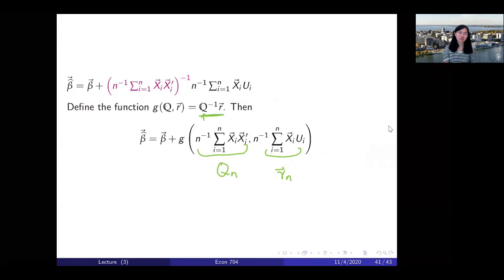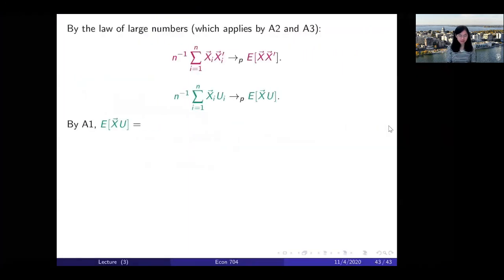In order to apply it, we want to show that this Qn converges in probability to something, this Rn converges in probability to something, and we also want to make sure that the probability limit of Qn is an invertible matrix, so that it's on the continuous part of the g function. All right, so next we will work on the Qn.